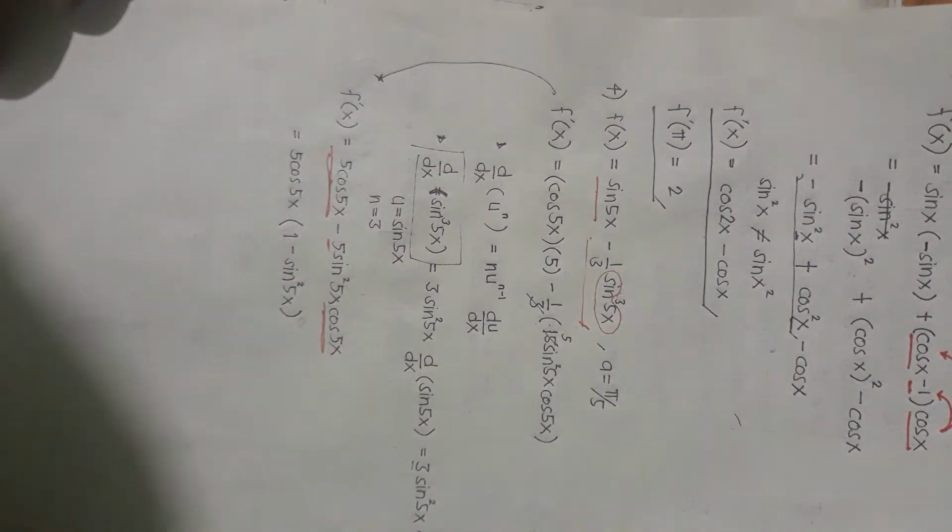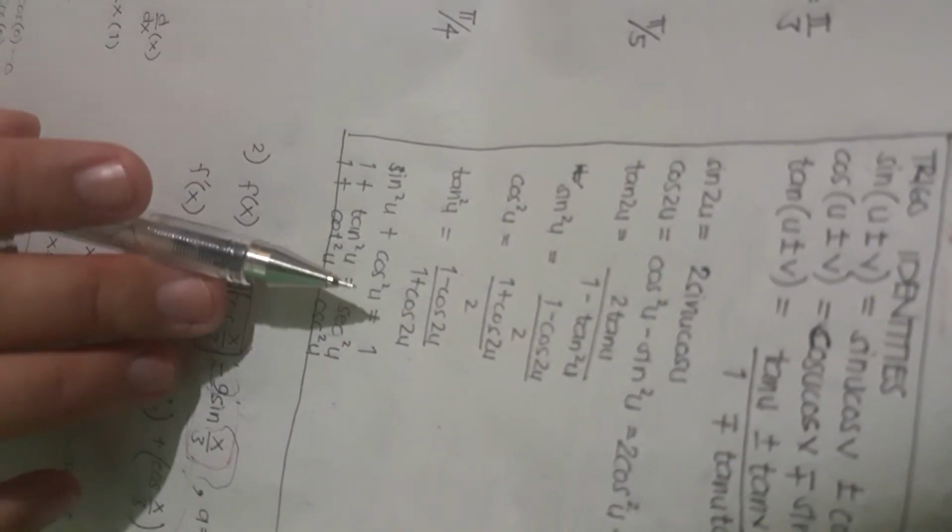Now remember, in one of our trigonometric identities, the Pythagorean identity, sine squared of u plus cosine squared of u is equal to 1.